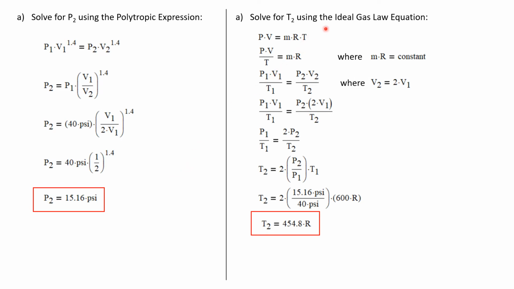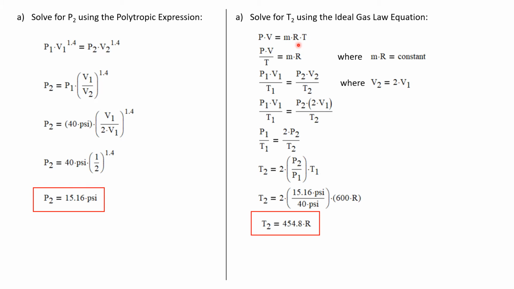Now, let's solve for T2 using the ideal gas law equation. We know that PV is mRT, and one of the methods that we can use for using the ideal gas law is to use it as a relationship between state 1 and state 2. Well, in this case, we look for values that are constant. Well, m is constant in a closed system, and the gas constant is by definition constant.